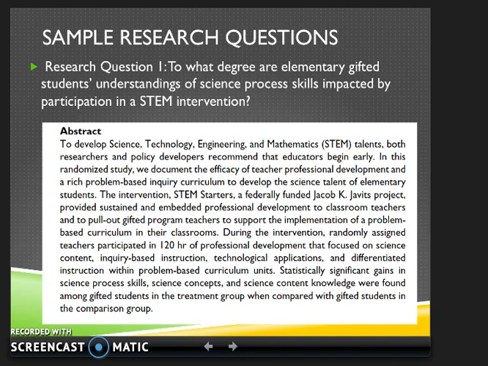A sample research question in that paper is, to what degree are elementary gifted students' understandings of science process skills impacted by participation in STEM intervention? So this kind of research is looking for cause and effect, to see how effective an intervention is, and to identify the direct relationship between the intervention and the dependent outcome variable.